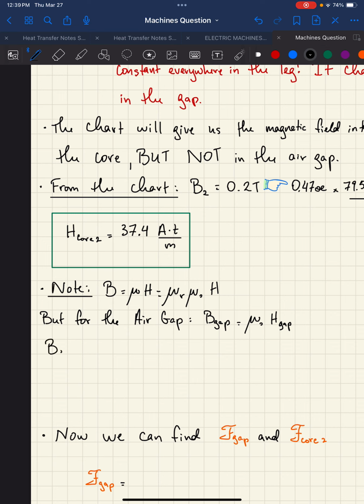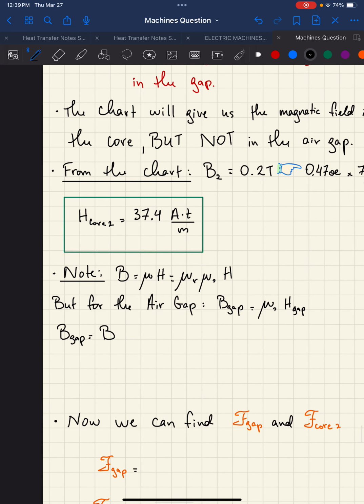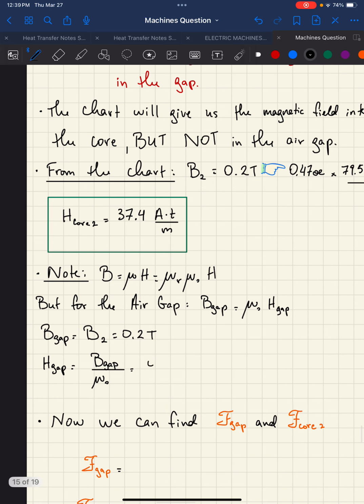So as a reminder, B gap is the same thing as, I think I called it B2, which is 0.2 Tesla. So H gap is basically going to be B gap over mu 0. B gap is 0.2 Tesla, and mu 0 is going to be that well-known constant, 4 pi times 10 to the minus 7.